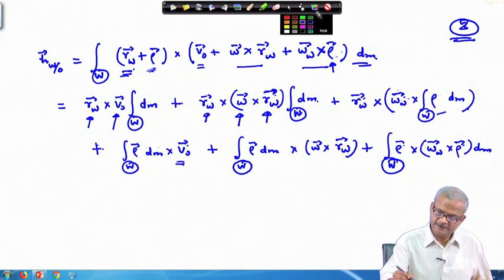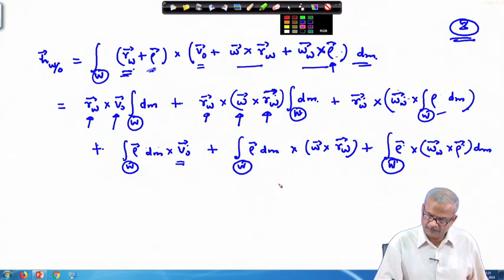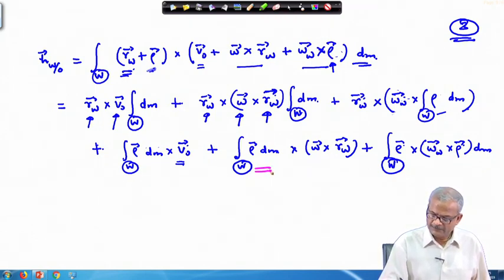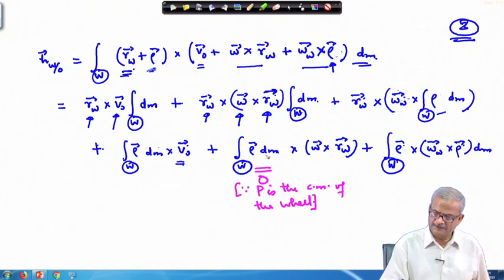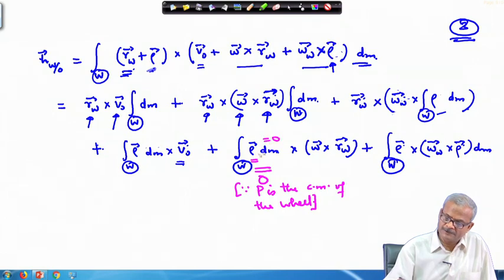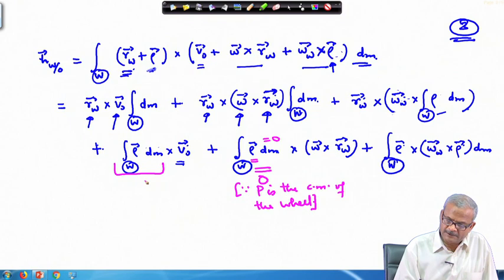Now, we can see here that some of the terms drop out, because we have chosen P as the center of mass of the wheel. So, this term is 0, and from P we are measuring this rho vector, and therefore, this will drop out. So, this quantity is 0 here, and then this quantity similarly becomes 0.